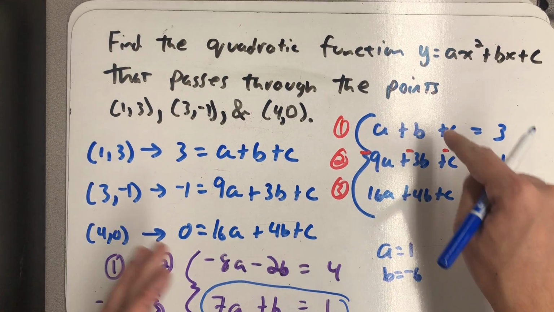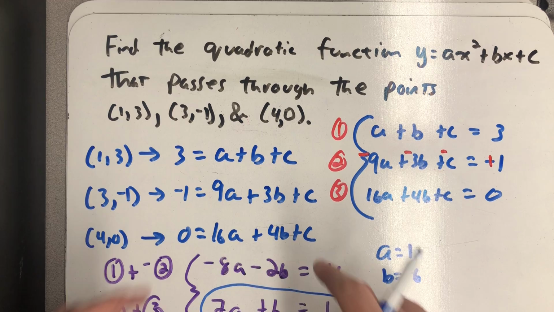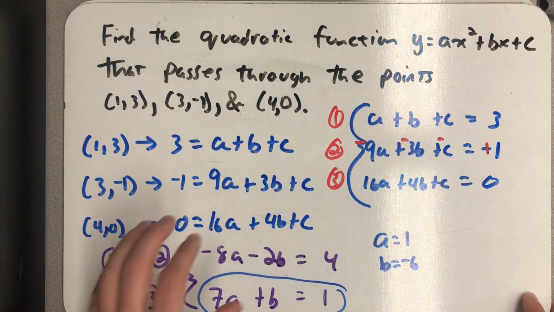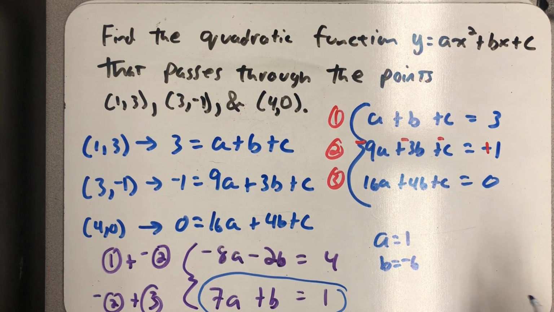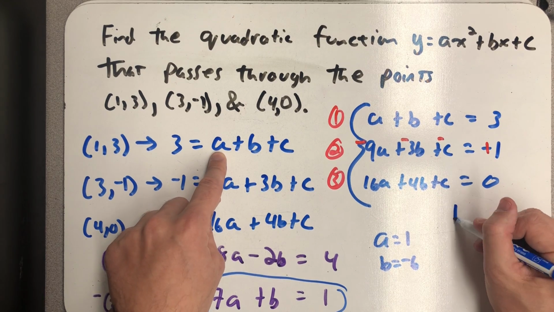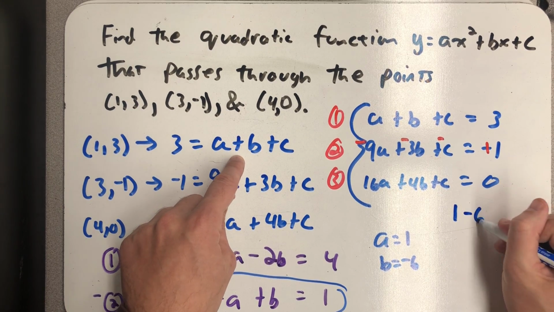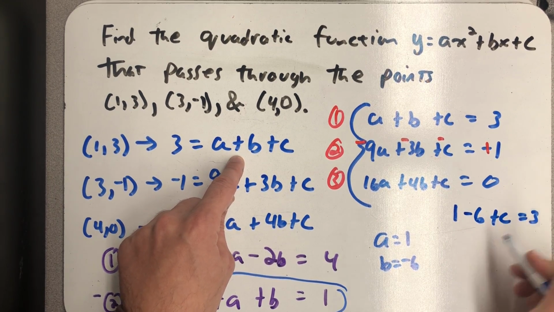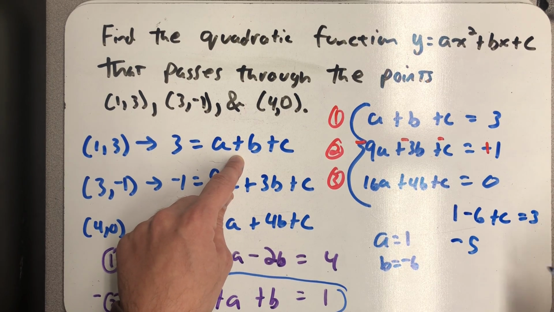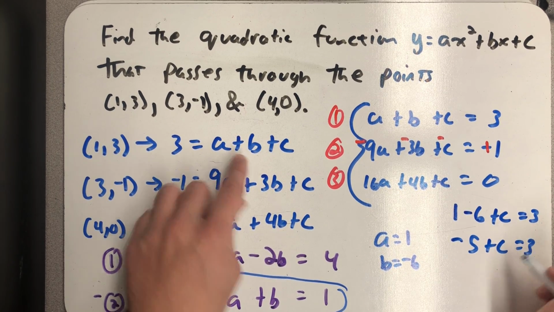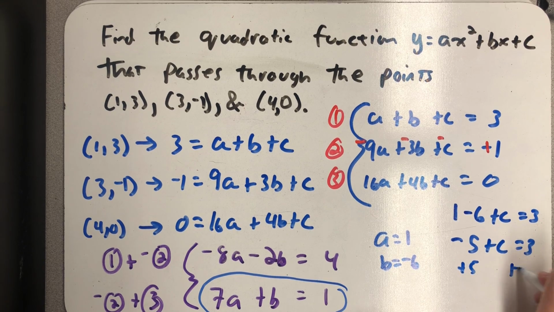And I can use any of my 3 original equations that I want to find c. I'm going to use a plus b plus c equals 3 because I think it's the easiest. So 1 plus minus 6 plus c is equal to 3. And finally, I find that c is equal to 8.